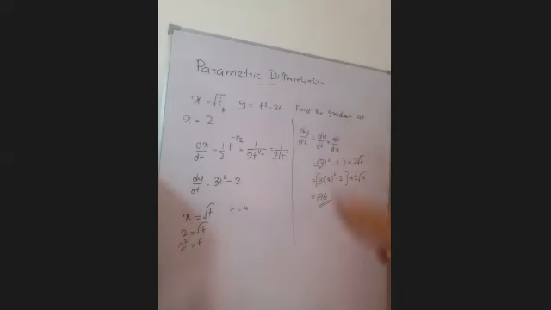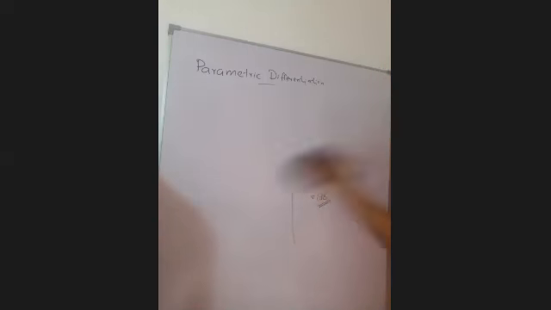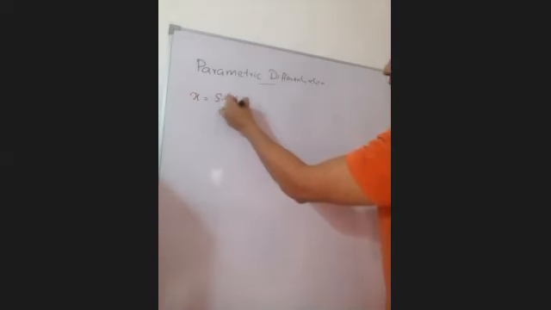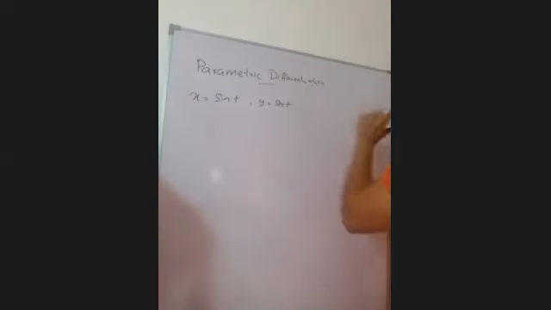with it. Right. Then if you come up with a question somewhere like this. Right. Okay. They might give a question like this. They have given x is equal to sin t and y is equal to sec t.